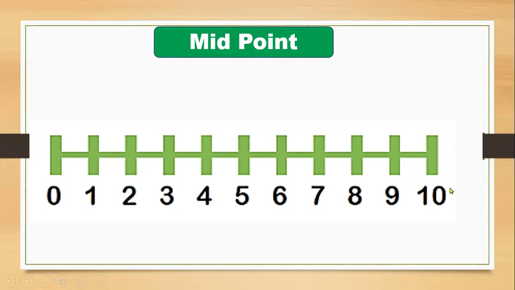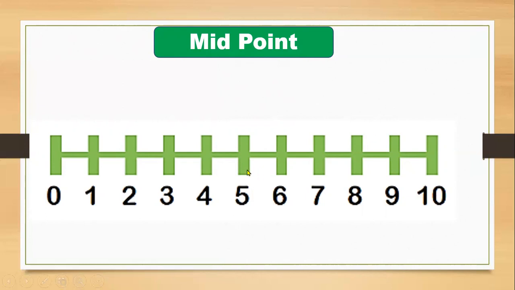Now you have to find the midpoint. Midpoint means the middle number of this row, from 0 to 10. What do you think is the middle number of this row?